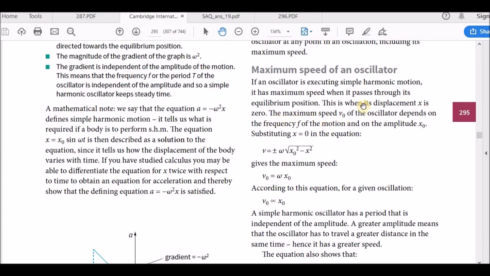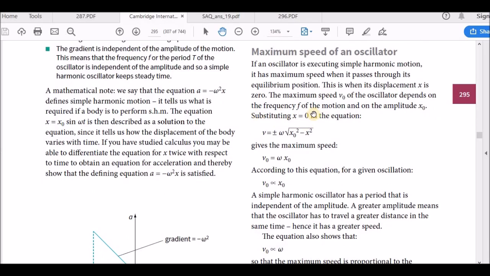The maximum, this is when its displacement x is 0. The maximum speed v0 of the oscillator depends on the frequency f of motion and on the amplitude x0. Okay.